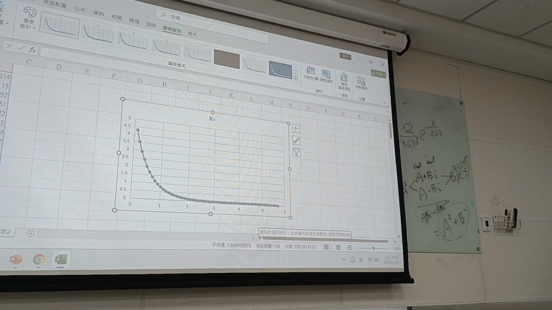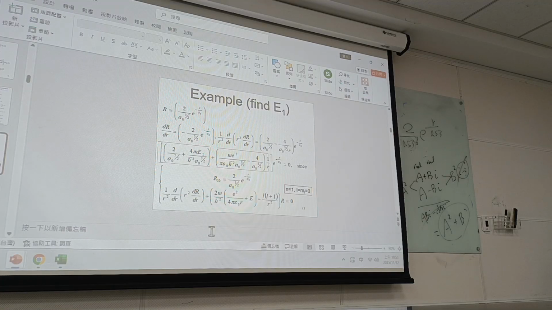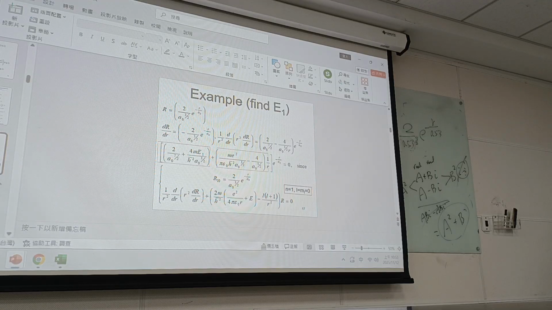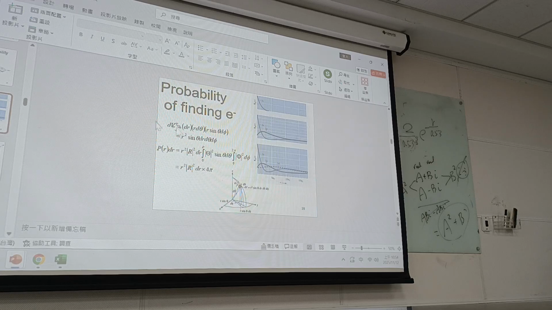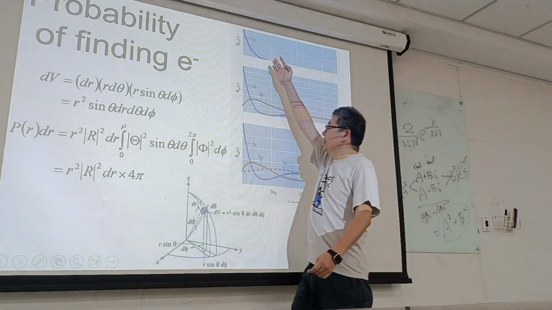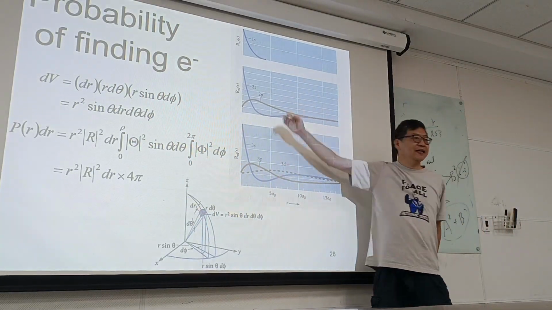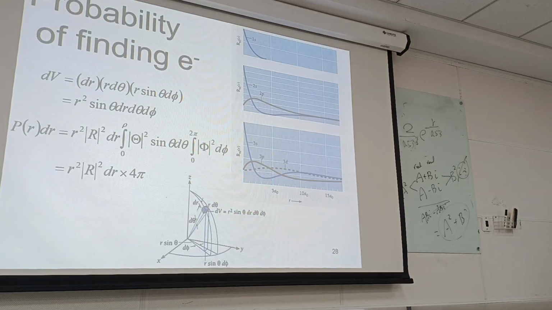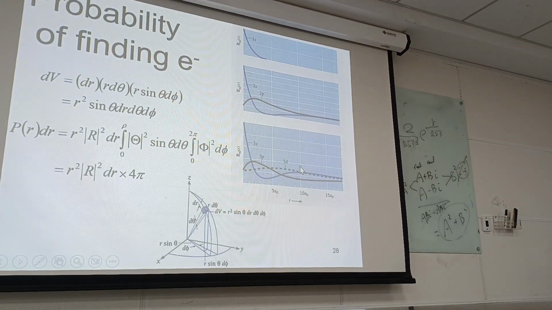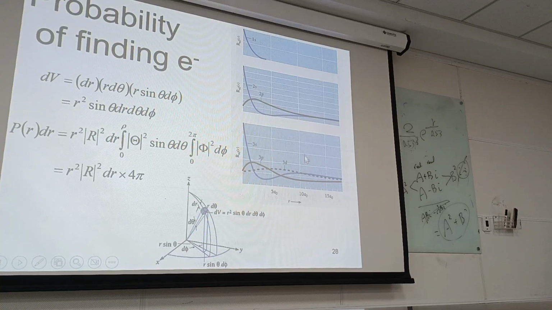I just put the formula in and I try to regenerate this, right? R function for 1s. You can try 2s, 2p, 3s, just put the equation in. So I generate this.